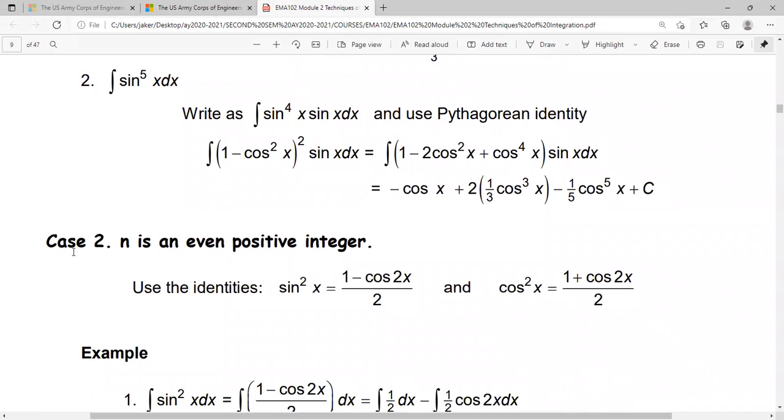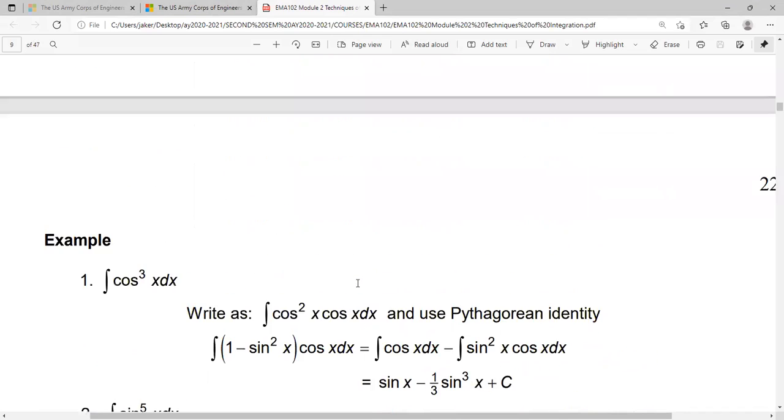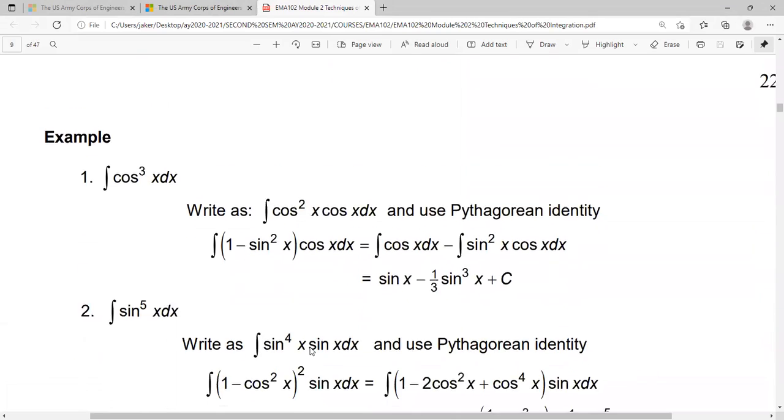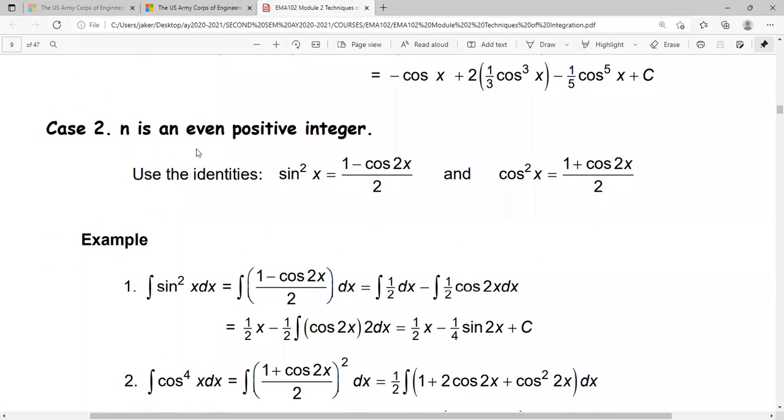Case 2 is when n is an even positive integer. This one, n is an odd positive integer. This time, case 2, n is an even positive integer. Still positive, but this time it's even. Now, you will be using a different identity here.